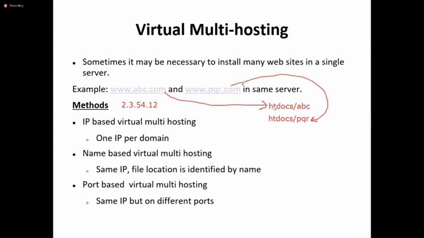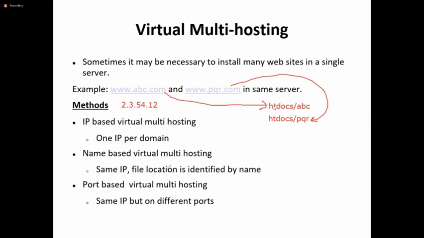So if the client typed this or requested this URL, right, pqr.com, so again it will come to the same IP, right? So when it comes inside, the server checks what is the name. Okay, pqr.com. So it will redirect the traffic to this folder. Then this folder will be sent back to the client, right, as a reply.